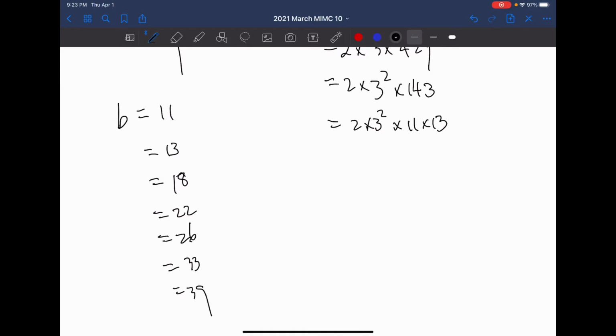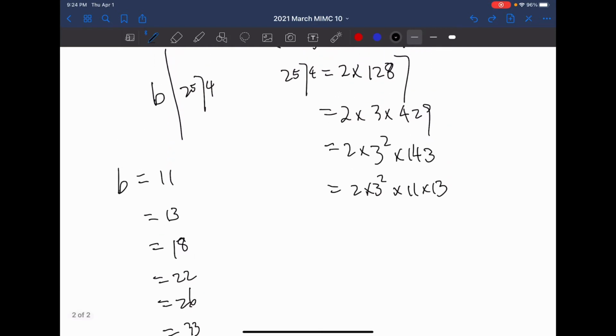I believe I also missed some of them, but I think that is all of them below 40, because if I use all of those, that would result in 18. If I use 2 of those times 1 of those, then it would be larger than 40. If I use 2 of those and none of these, that would be less than 10. And if I use 1 of these and 1 of these, that will result in the other numbers. So we can test it out on the middle ones.